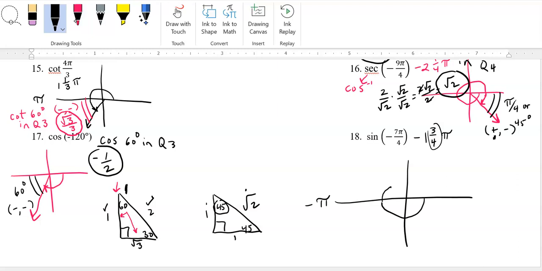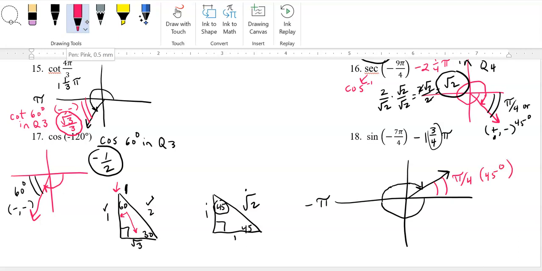That's 1/4, 2/4 is a half, 3/4. So that's the given angle. What I'm interested in is the reference angle, and that's pi over 4. We had that earlier. Pi over 4 is another way of saying 45 degrees.